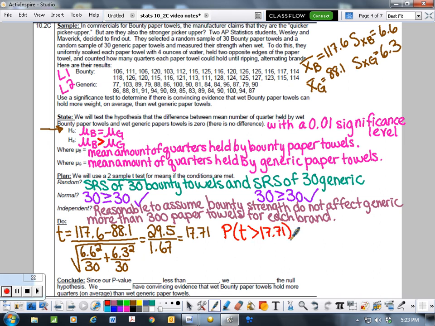So this is going to be a t-CDF, because it's a t-distribution, with a lower bound of 17.71, an upper bound of something really high, so I'm going to go with 1,000, and degrees of freedom. Now, since both my sample sizes are 30, I can use just one of them and subtract 1. So I get degrees of freedom of 29.